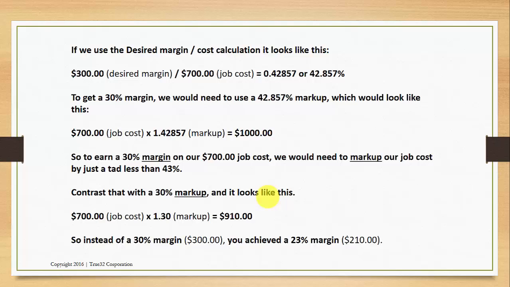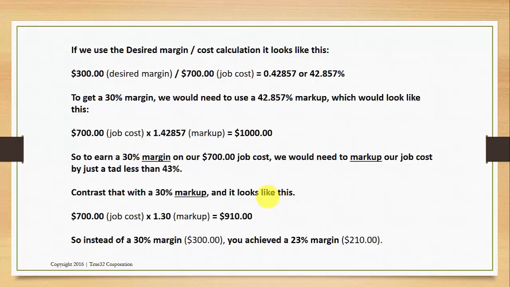To get a 30% margin, we would need to use a 42.857% markup, which would look like this: $700 job cost multiplied by 1.42857, our markup, would give us our $1,000 sales price. So to earn a 30% margin on our $700 job cost, we would need to mark up our job cost by just a tad less than 43%.